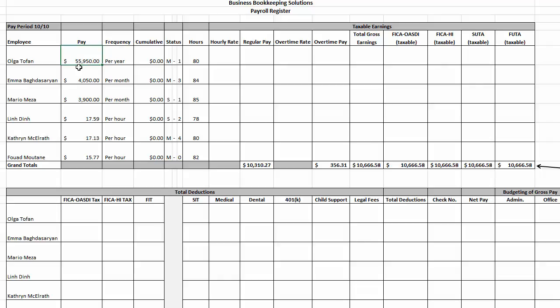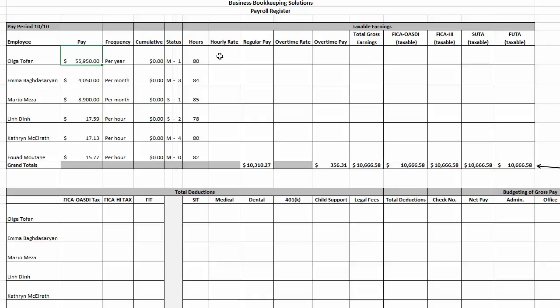How do we figure that out? There's 52 weeks in a year, and 8 hours per day times 5 days in the week is 40 hours per week. So 40 hours per week times 52 weeks gives us 2,080 hours in a year.